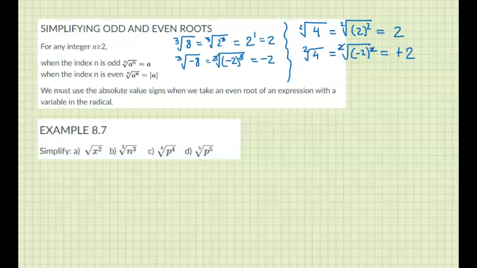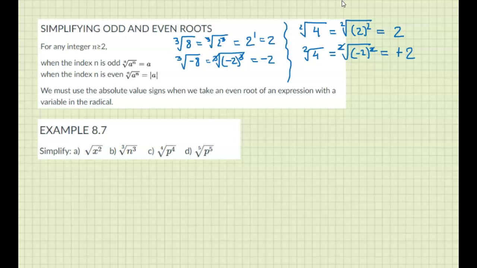Okay. And with numbers, you can see what's happening. But with variables, if I have x or y in there, you don't know if the value of the variable is positive or negative. It could be either one, depending on what number you give to the variable at some point in the future.